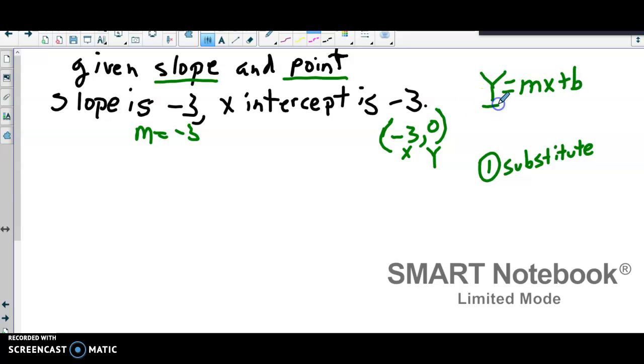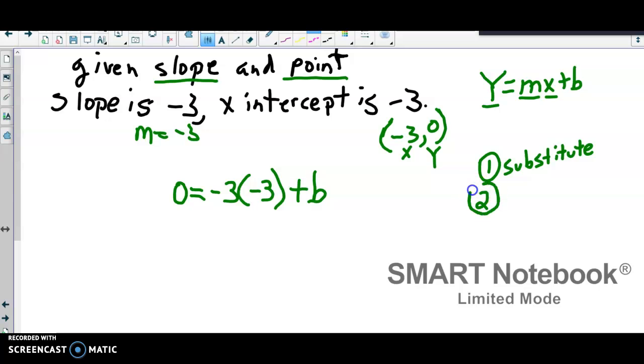I'm going to substitute for 3 things: the y, the m, and the x. The x will be put into parentheses. So let's start off with the y. The y value is 0 equals, my slope is -3. In the parentheses will go my x, and my x is also -3. So I substituted. Step 1 is done.